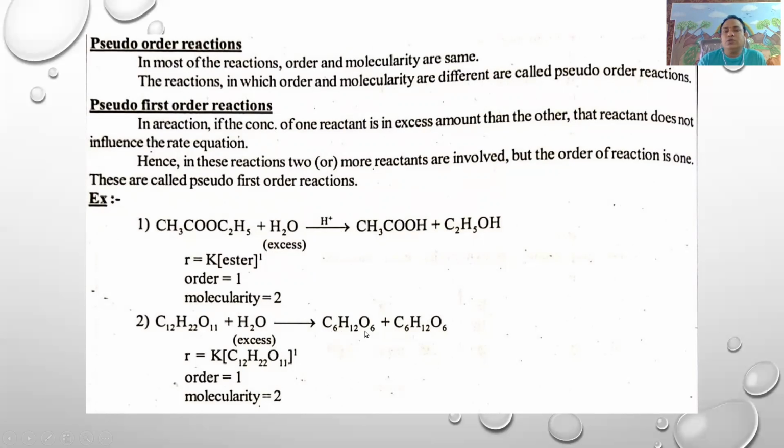Glucose is C6H12O6 and fructose is C6H12O6. Here the rate is directly proportional to the concentration of sucrose. Therefore, it is a first order reaction, but in the rate determining step, sucrose and water molecules both participate. Therefore, its molecularity is 2.